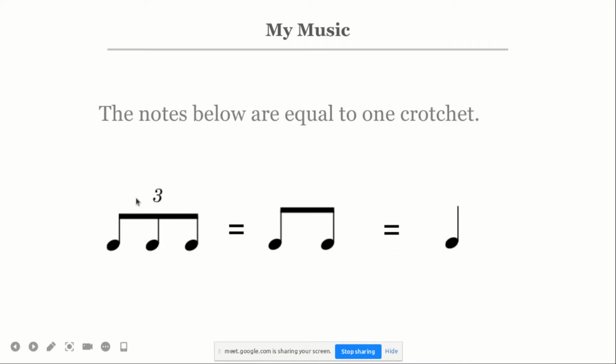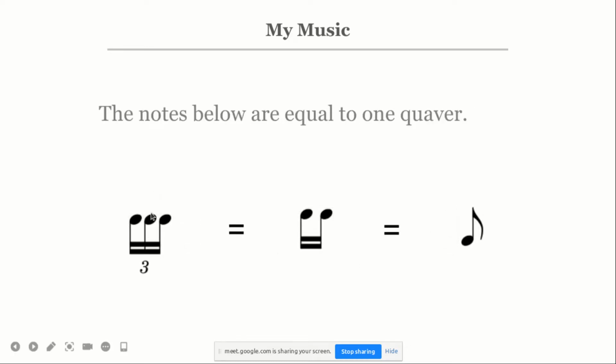This is a triplet, and the reason we know it's a triplet is because of the number 3, but it's played in the time of 2 of them. So if you play 2 quavers and I play 3 quavers with a triplet, we're going to finish at the same time. It's the same time value. And of course, all this will be equal to a crotchet.